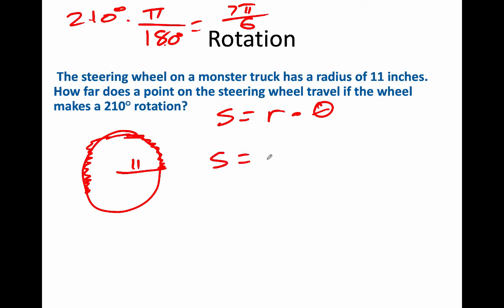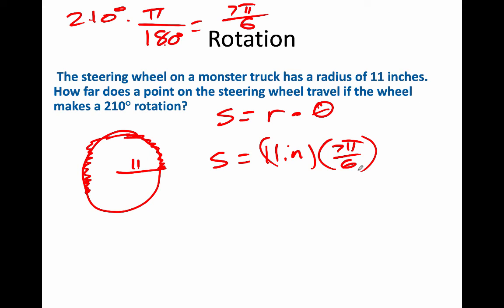We just used that one. The radius is 11 inches. The radians is 7 pi over 6. So instead of 2 pi all the way around, I'm just telling it how far I went: 7 pi over 6. So I actually use the pi key on the calculator, right? 7 pi over 6 is actually 3.665, which shouldn't surprise us. 1 pi is 3.14, and 7 pi over 6 is just a little bit further than 1 pi.